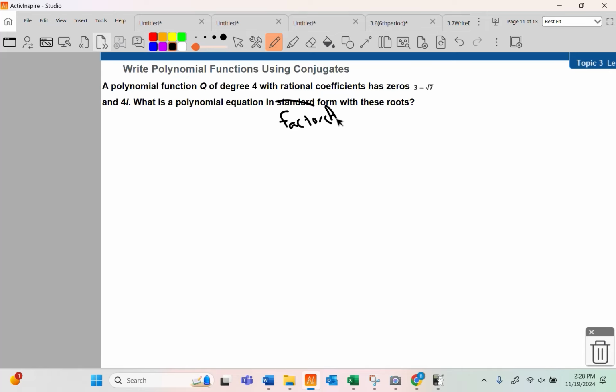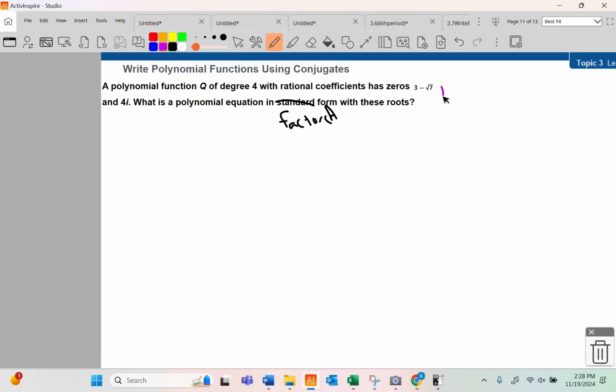All right, Parker, 3 minus root 7 is a zero. What's its conjugate? Natalie, 3 minus root 7 is a zero.